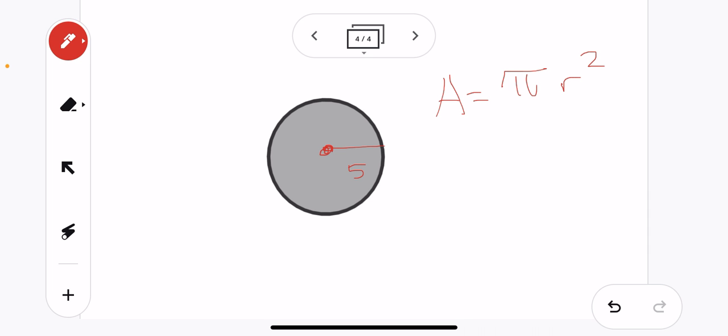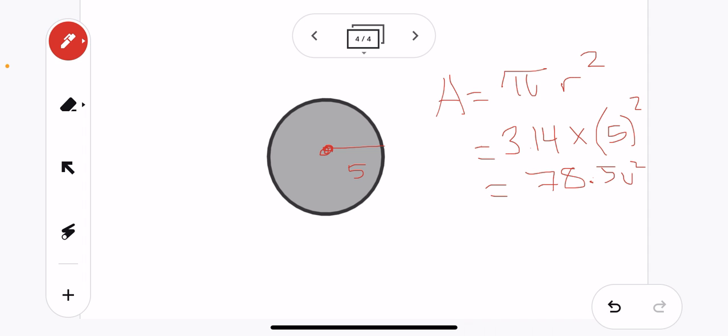So in this case, it would be 3.14 times 5 squared. And again, it's just going to be 3.14 times 25, right? Because we have to do the square there. So 3.14 times 25 should be about 78.5 units squared. That should be the area.